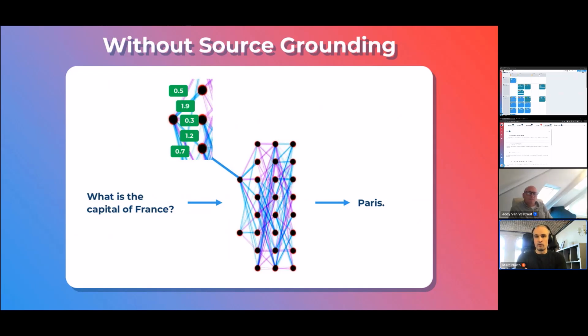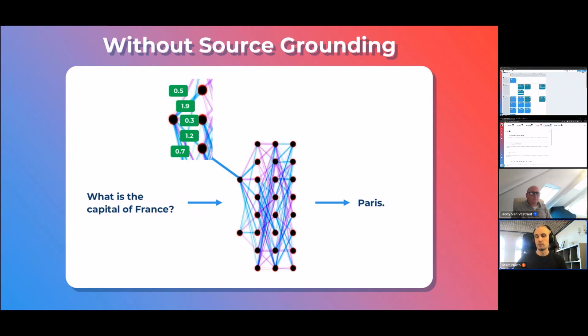A quick overview of when you would use source grounding versus just using a plain vanilla AI model. If you ask an AI model a fairly generic question, for example, what is the capital of France? That's something the AI model will have seen in its training data, probably a lot. And so that knowledge that Paris is the capital of France is encapsulated within the AI model's parameters. You don't need to give it any extra information in the input.